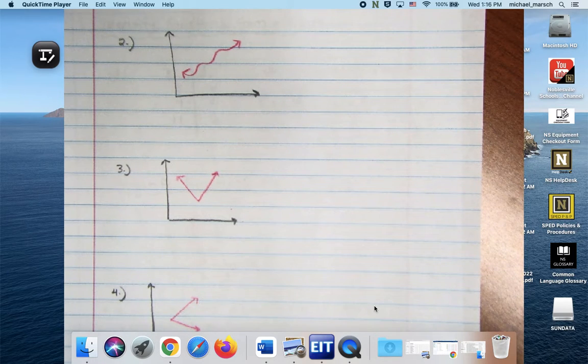We'll leave room underneath to write anything down. We're going to write out to the side if it's a function or not. Great question.